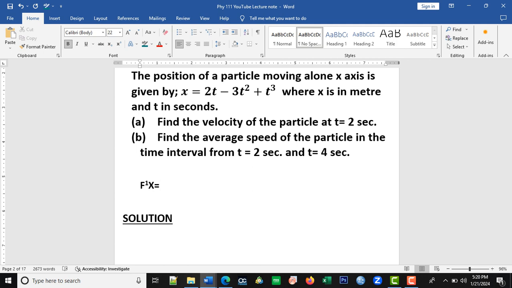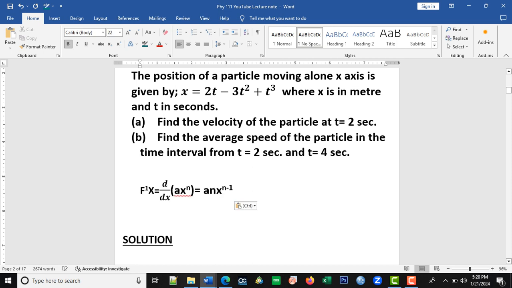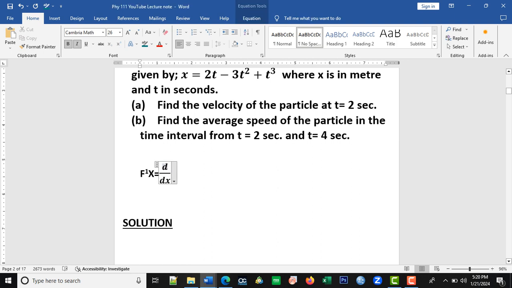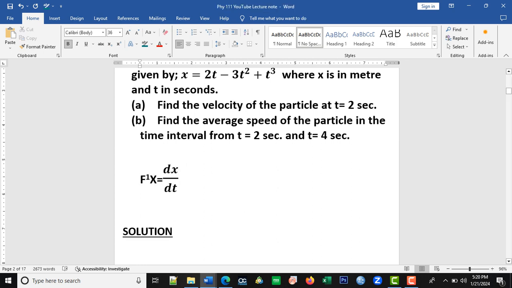Most times you can as well see something like this. Okay, so if you see something like this, it's still the same thing as the first derivative.